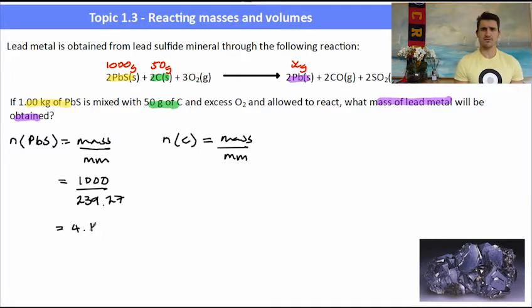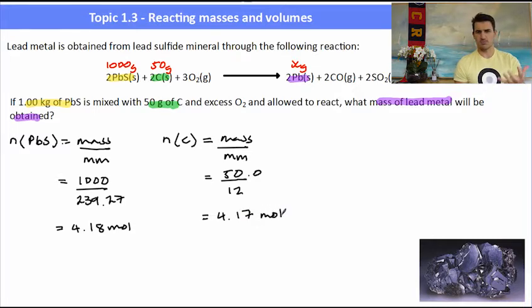The number of moles of lead sulfide is 4.18 to 3 significant figures. The number of moles of carbon we can work out by doing 50 over 12, which is 4.17 moles. Now I probably should have had an extra significant figure in the carbon, so don't stress too much about that.